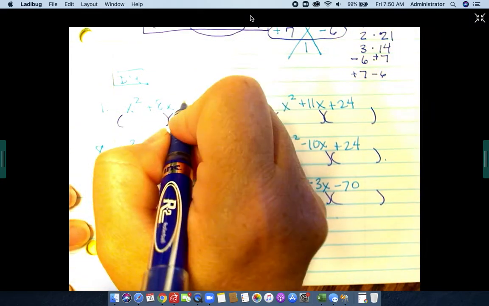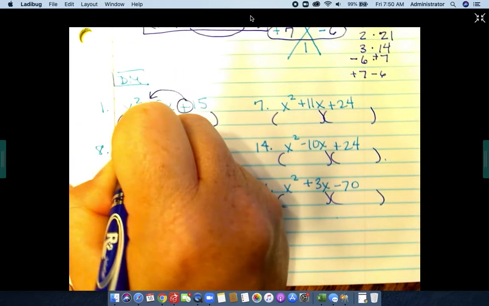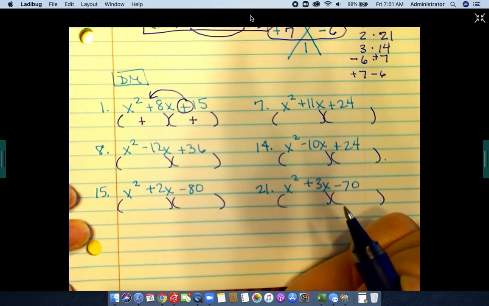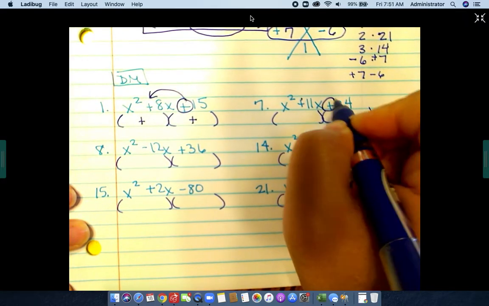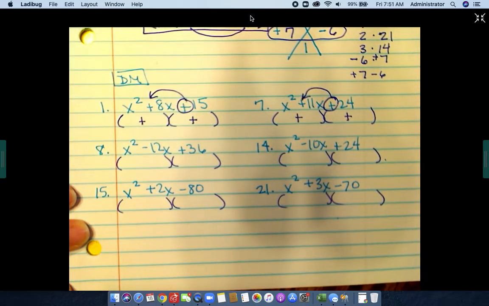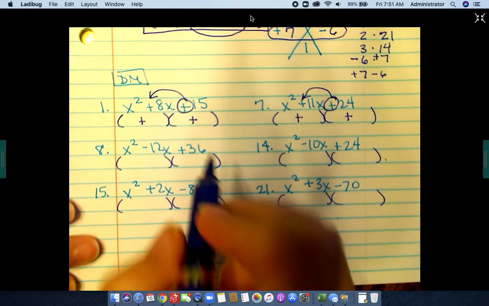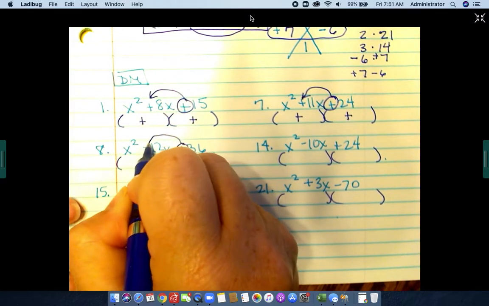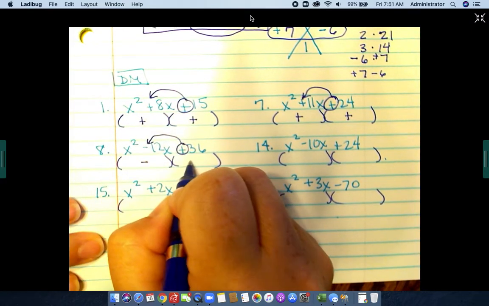So here my constant's positive, so I'm going to copy that sign twice. Here my constant is positive, so I'm going to copy the sign of my linear term twice. For number 8, my constant term's positive, so I'm going to copy the sign of this linear term twice.